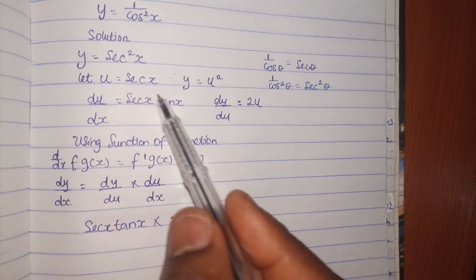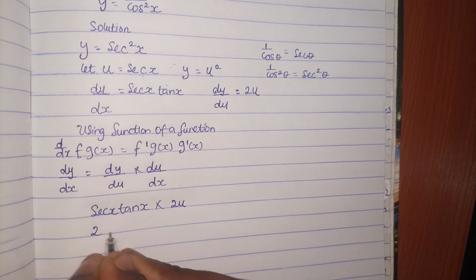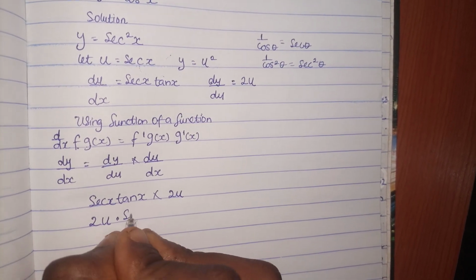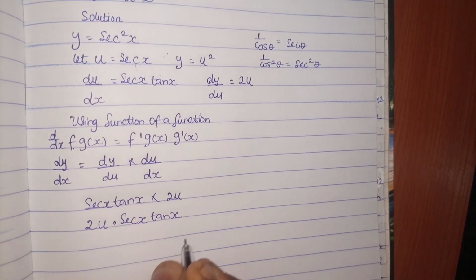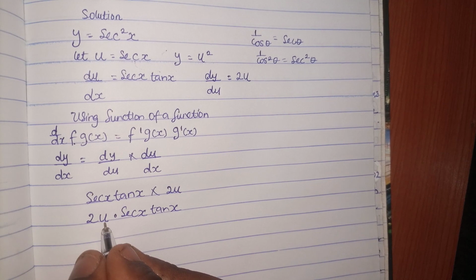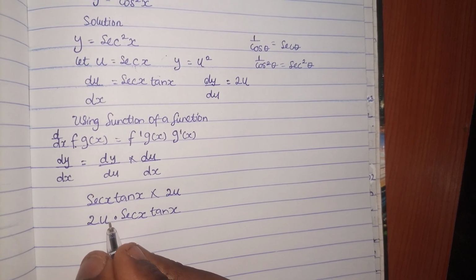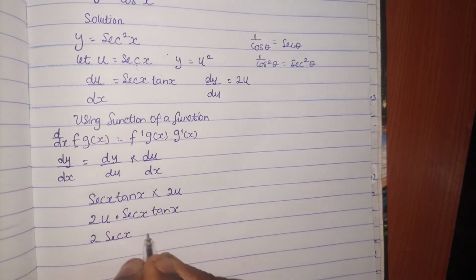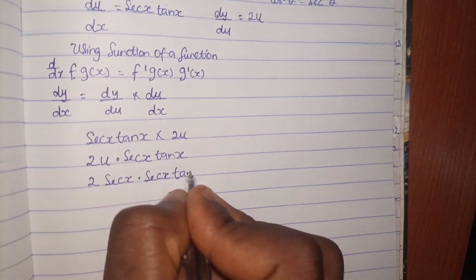Recall that our u is sec x. So we replace this with sec x, and we have 2 sec x times sec x tan x.